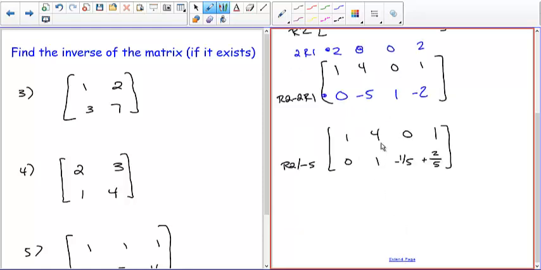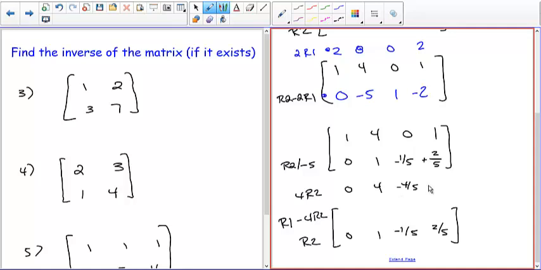Okay? And now we need this to be 0. So what we'll do is we'll leave row 2 the same, and we'll take row 1 and we're going to subtract 4 times row 2. So take this times 4 and then subtract it. So we need 4R2. So multiply this by 4, so you get 0, 4, minus 4/5 plus 8/5.